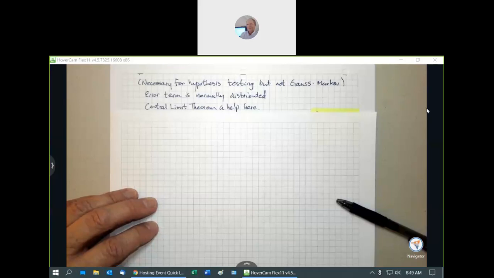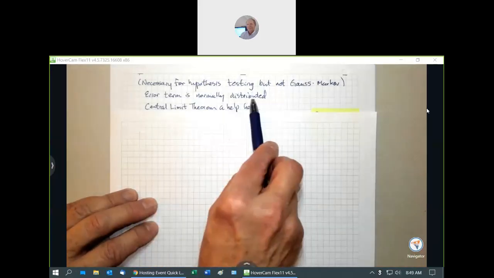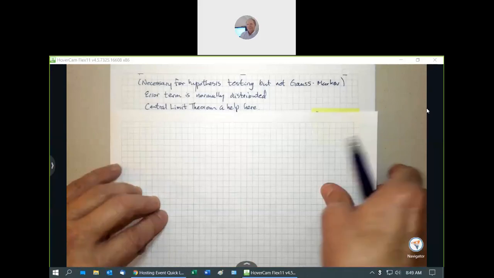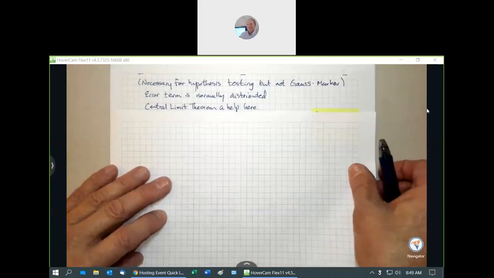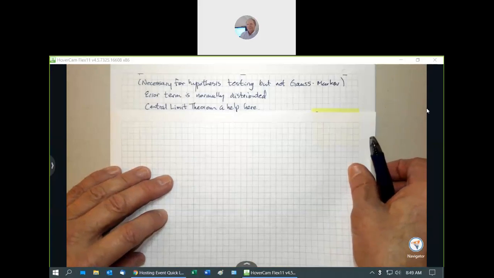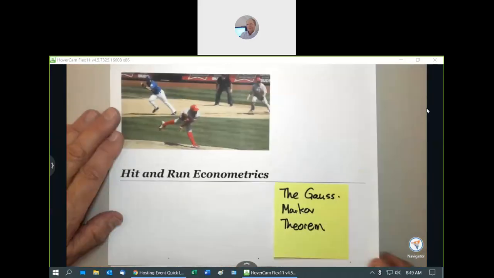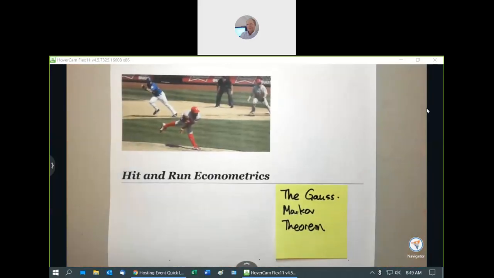And here is just one thing to take with you. The error term is normally distributed in lots of places, but in lots of financial markets the error term is not normally distributed. Hey, how about that? Well, that's a topic for another day. But hey, you finance and QFin folks out there, the fact that that error term is not normally distributed is a source of your fortune. Hey, how about that? So that has been the hit and run on the Gauss-Markov theorem.